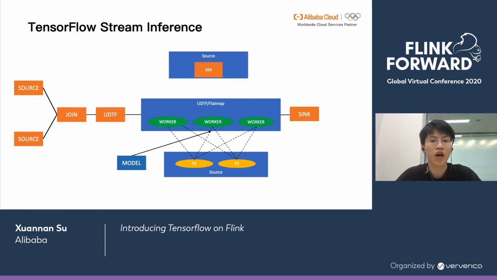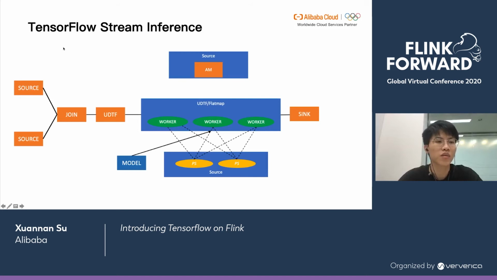After training, after we have the trained model, now we need to do inference. As you can see, the machine learning cluster has the same architecture as training. Therefore, stream inference runs pretty much the same way on Flink as stream training.